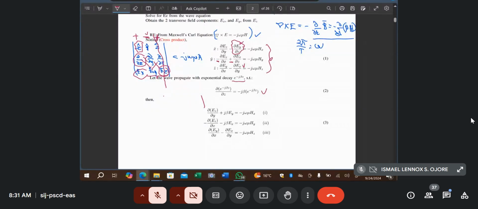In that case, we have d of Ey over dz, because here we are doing a dz. So that's the one we are changing. So d of Ey over dz, we can rewrite as minus j beta times e to the minus j beta z. So if we write just the vector Ey, we have minus j beta times this value, d over dz, which is minus, so it will be positive j beta Ey.